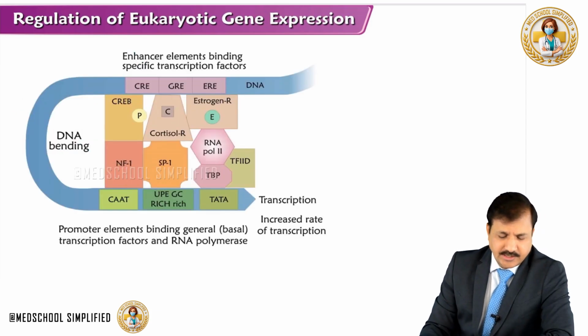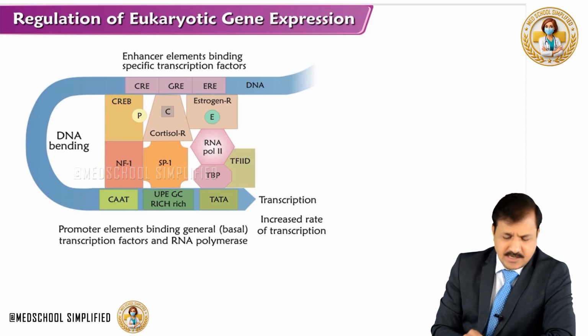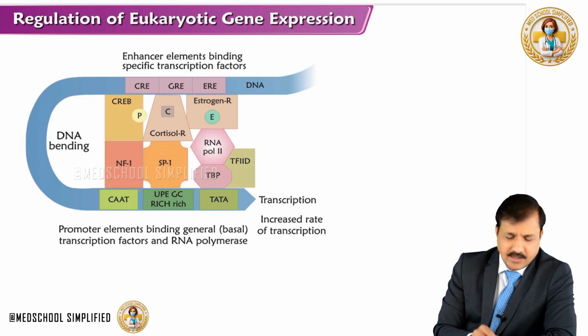So that is what is shown in this particular figure. As you see, transcription, and then we have TATA box, GC rich box and CAT box, and then after that we have a gap of up to 1000 base pairs starting from the transcription.